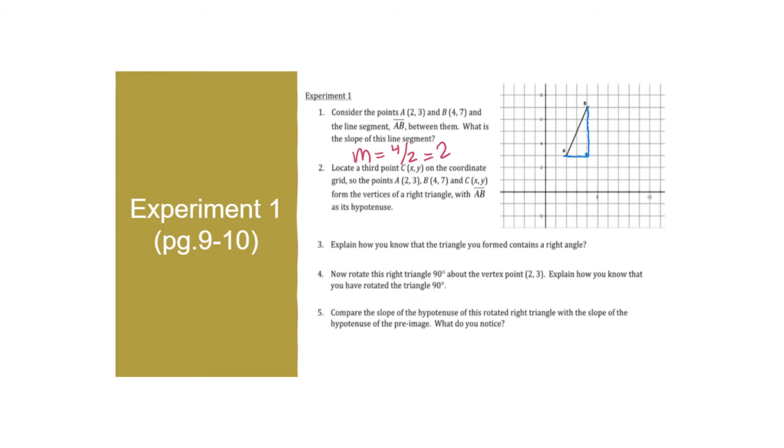Because they're perpendicular lines, they make a right angle. This is now a right triangle. So point C is at (4, 3).